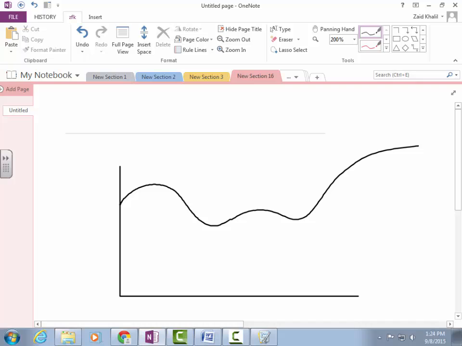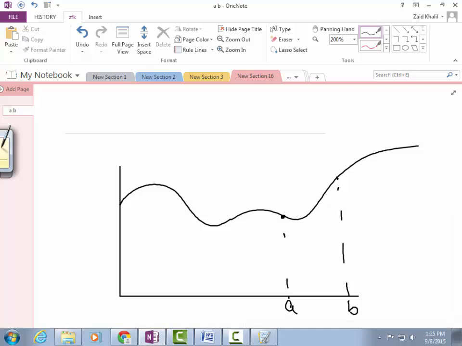Let's call this point A and this point B, so t equals A, and t equals B. What is the average velocity between A and B? How would you categorize the average velocity graphically? You make a secant between A and B. So I'll go and make a secant between A and B.